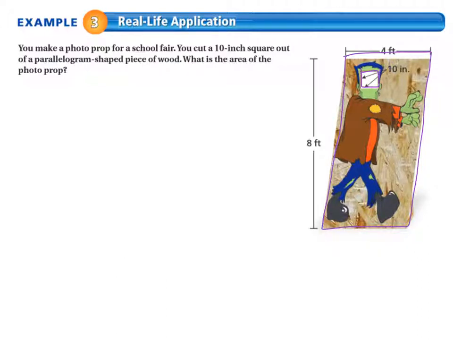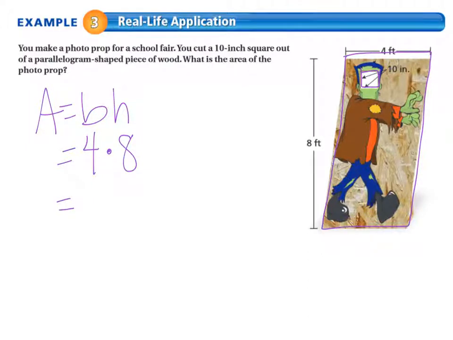All right, so first I need to find the area of the larger parallelogram. And so A equals base times height. To me, it looks like the base of that is 4 feet, and the height would be 8 feet. Four times 8 is 32, and then my units are feet squared.